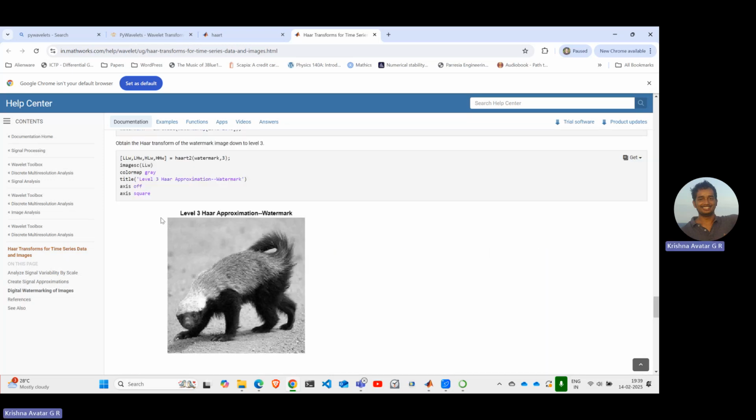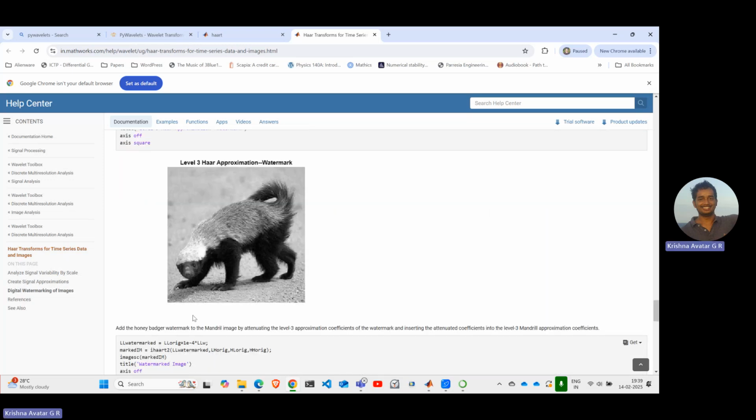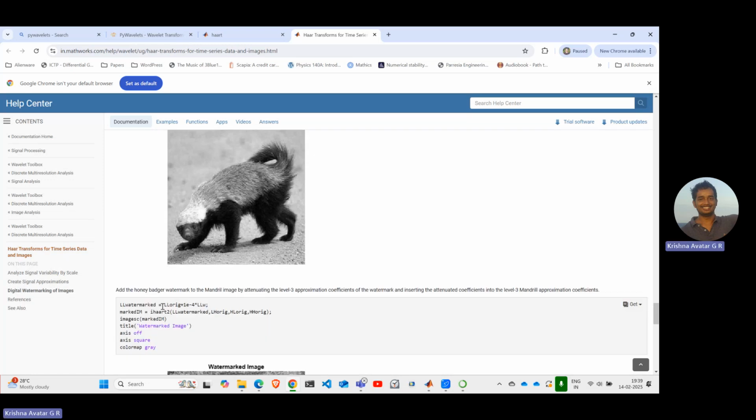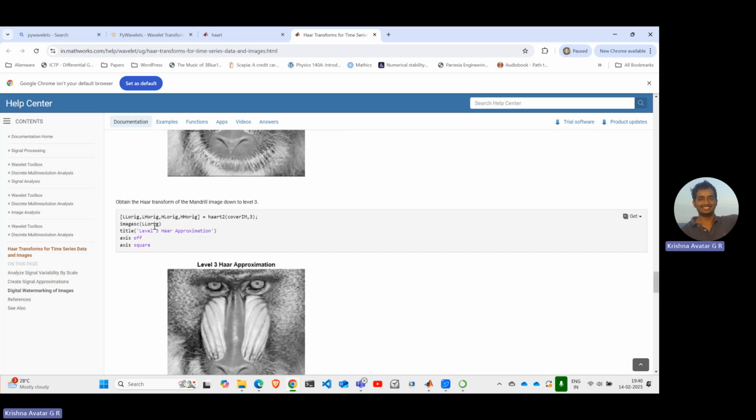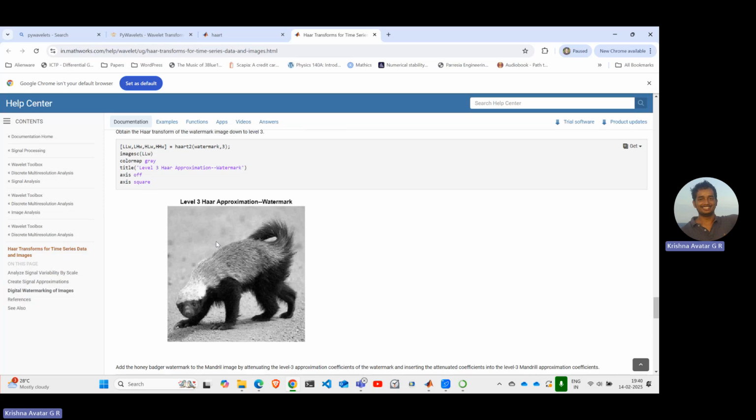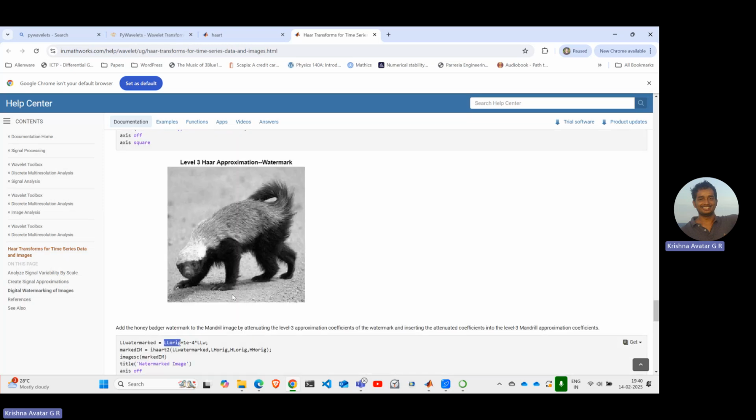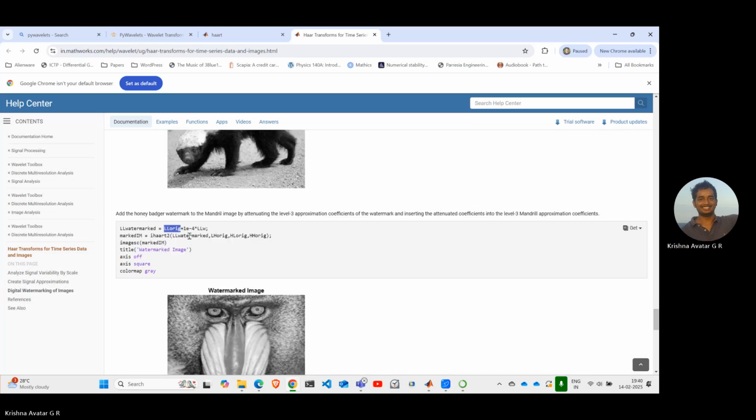So we have LL watermarked, which is this part, the LL watermarked version, right? And we are reducing its amplitude, as we see here, LL original plus a small factor, right? So we are just watermarking. We have taken the original image of the mandrill and added an attenuated version of the watermark, because we are multiplying it by pi to the power minus 4.